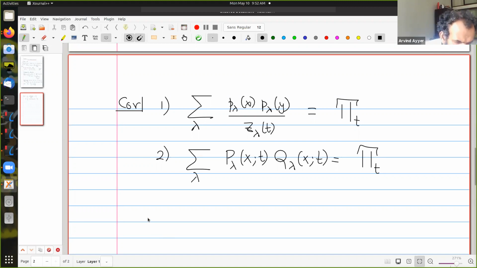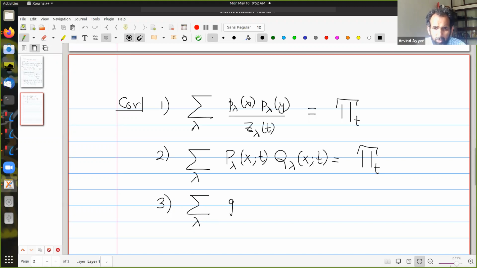Remember I defined the small q lambdas as products of small q sub r's. It will be small q sub lambda 1 times small q sub lambda 2. That's how I defined it.